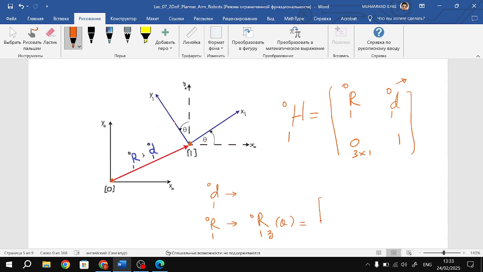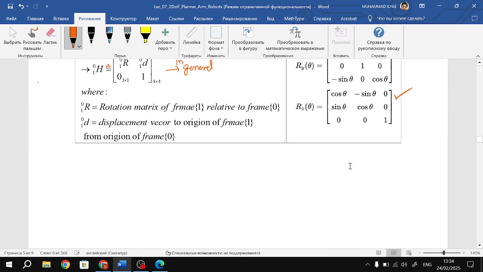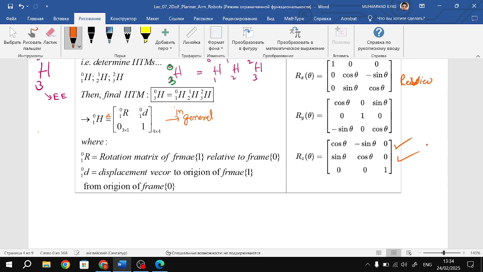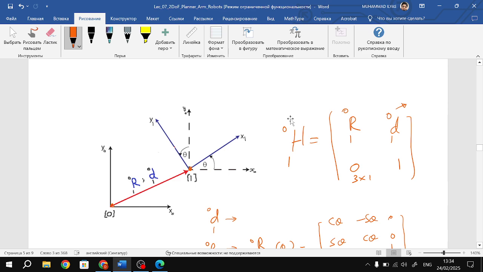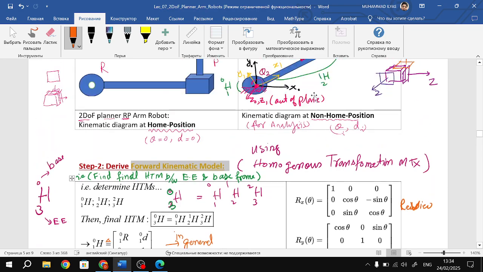We have already seen that it is cosine theta, minus sine theta, 0; sine theta, cosine theta, 0; and 0, 0, 1. That will always be like this. And the displacement vector depends on your robot. Let's see what we find for this example.